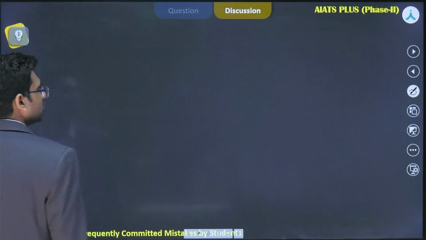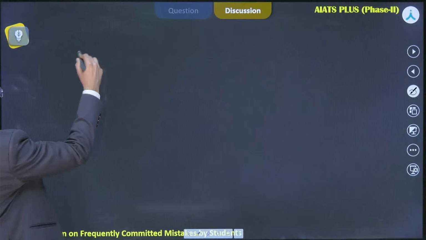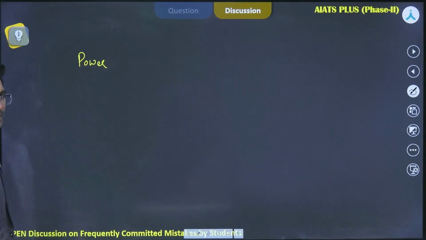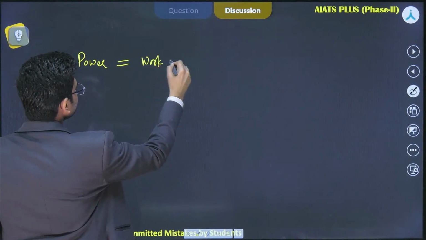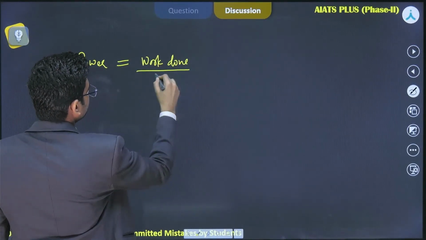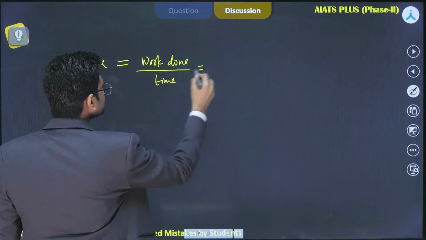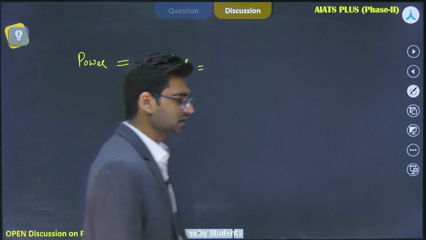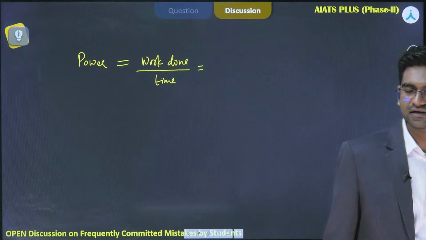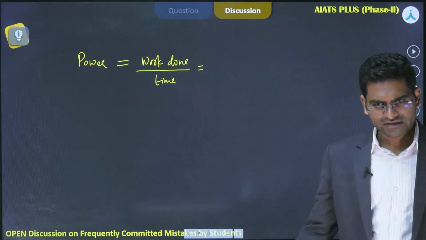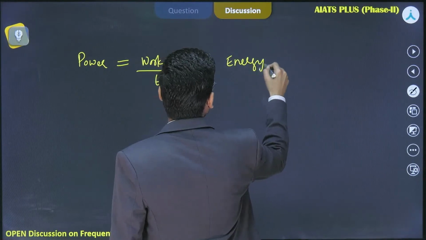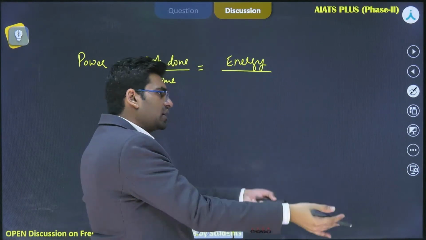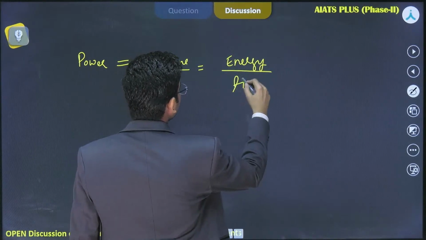Okay, what is the formula? So P, power. Power is work done per unit time. And we also know that whenever we do work on something, it will transform into energy, right? So energy consumed, dissipated, or energy given to some body divided by time.